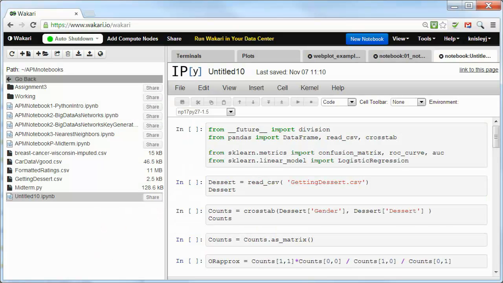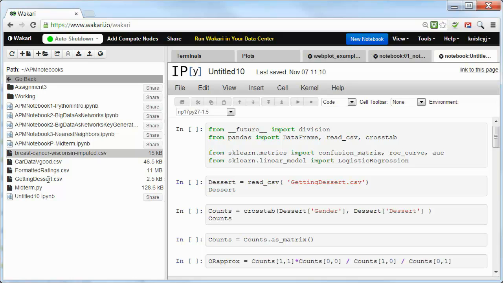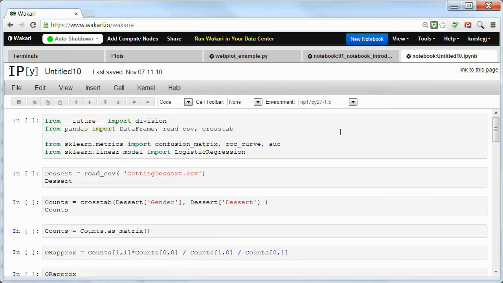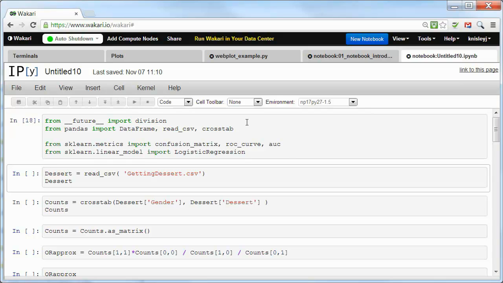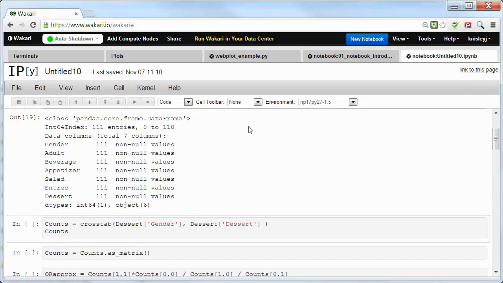Let's look at this in the IPython notebook itself. So we'll need the breast cancer and getting dessert files. I'm going to toggle the file browser now. And we'll need these, and later on you'll actually have an assignment where all these are included. Let's read in the dessert data.